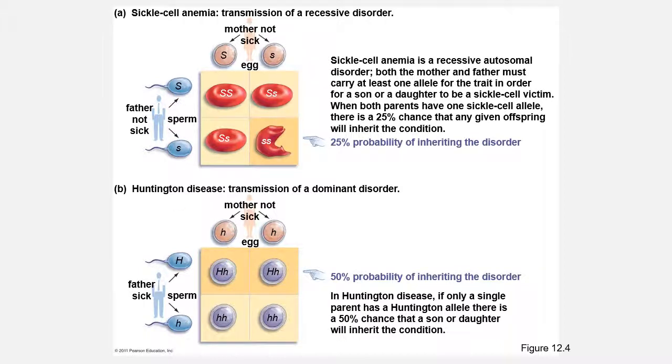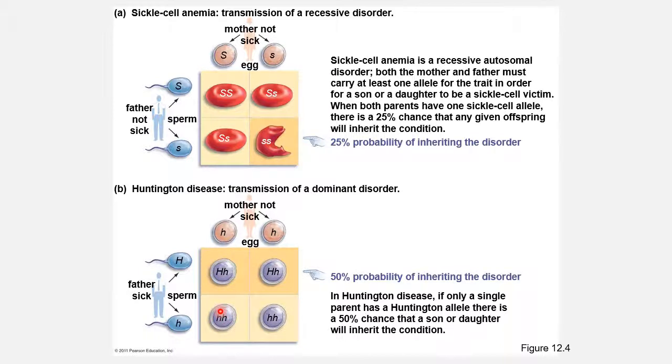Now, Huntington's disease is a dominant disorder. If the mother has two normal genes, she does not have Huntington's disease, and the father has a Huntington's disease allele and a normal allele, then two of the children will come out with the disease because they got the large H from dad, and two of them got a small h from both mom and dad and will not get the disease.